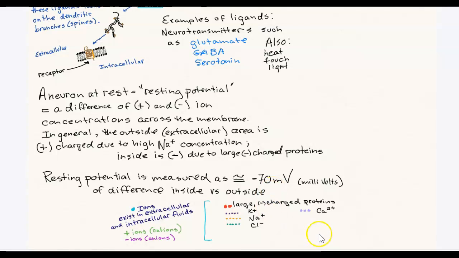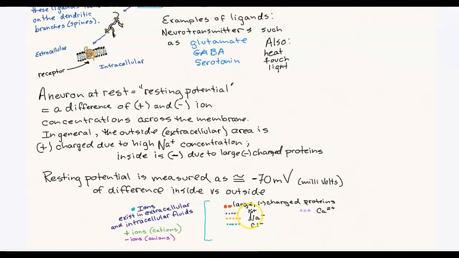Now, some of the ions that we see around cells and around neurons or within them are shown here. So we're going to see those ions, or those charged particles, within those fluids that are within the cell and outside of the cell. So the extracellular fluids and the intracellular fluids, such as what you know as cytoplasm or cytosol.